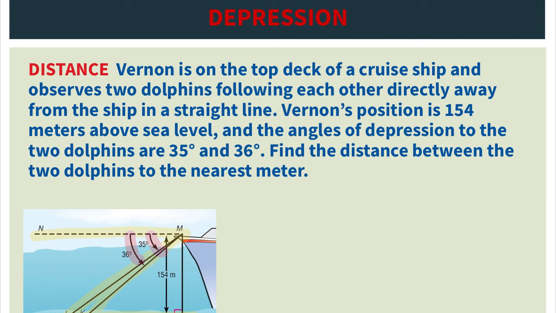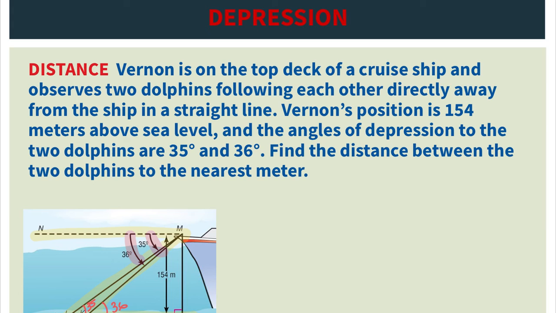It's kind of hard to see, so let me try to fix that. So this angle and this angle: this is 36, this is 35. I'm going to be trying to find x and then y.